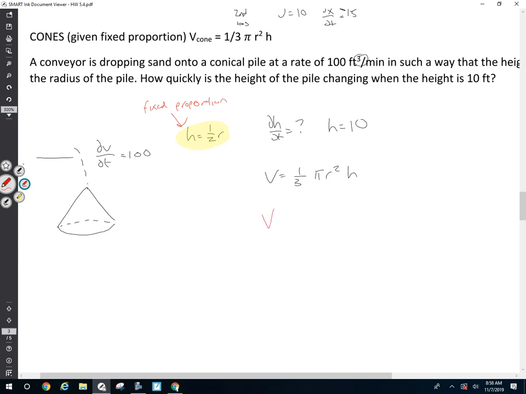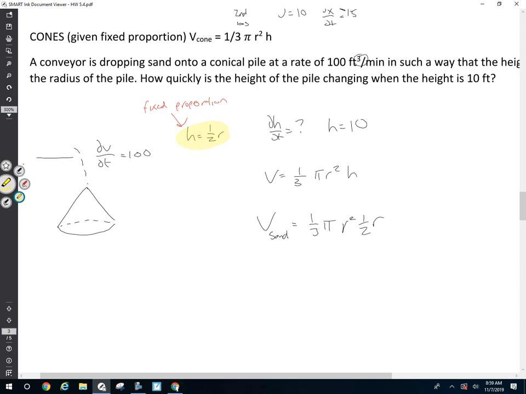Instead, you want to take the derivative of the volume of my sand, because it'll be 1/3 pi times r squared times 1/2 r.